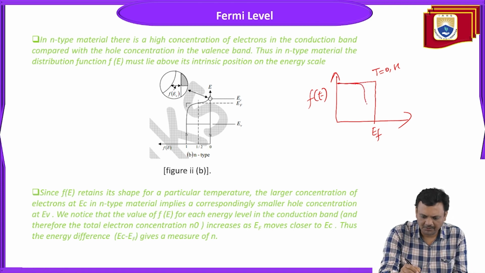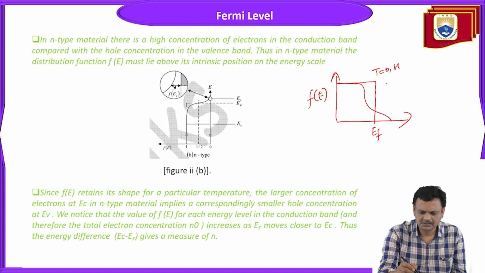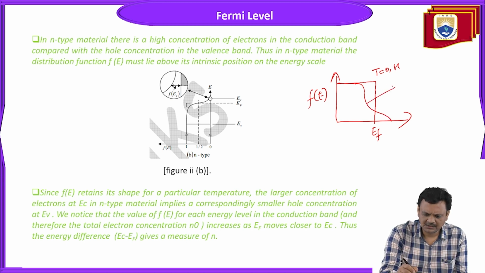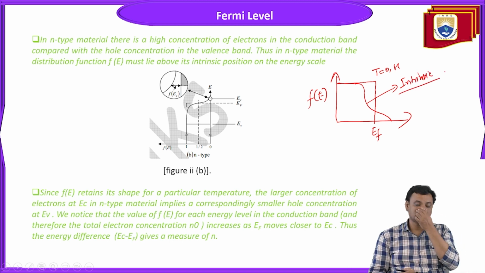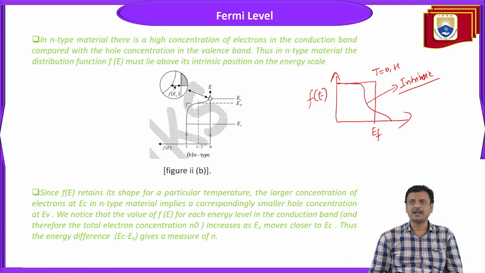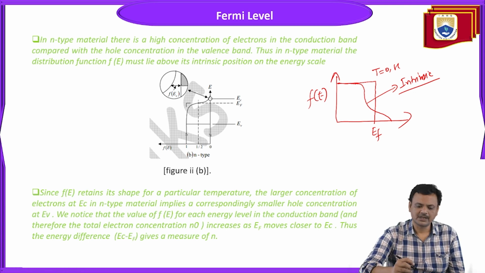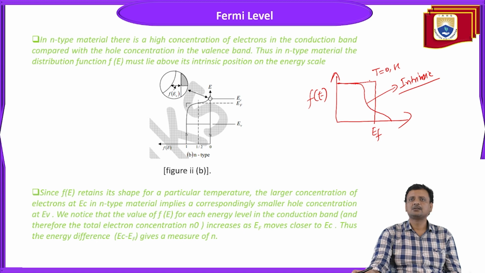wait 1 minute, I am plotting the curve. This is the case of intrinsic. Now I am discussing the case for n-type semiconductor. So in n-type semiconductor, you know that you have to dope some impurity for getting the n-type semiconductor.